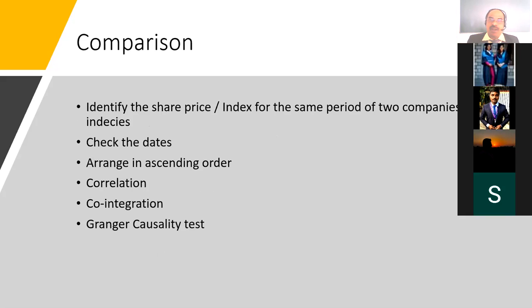You can see that here. Comparison. If you compare with the share price, if you compare the index and the share price, or if you are identifying the independent variable and the dependent variable, then you are comparing. That is the analysis.